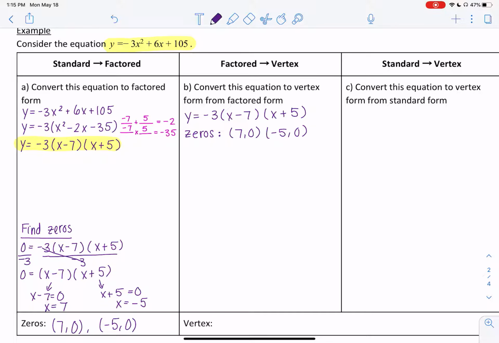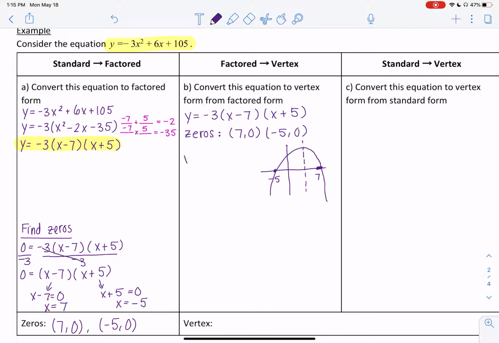Now, because a parabola is symmetric, it means that our vertex is going to happen right in between our zeros. So if my parabola looks something like this, 7, -5, something along these lines, then our vertex, the x of our vertex, should be right in between -5 and 7.